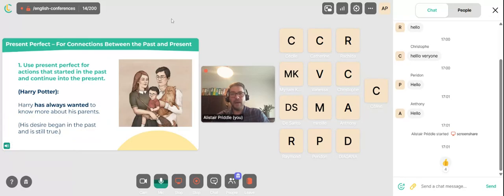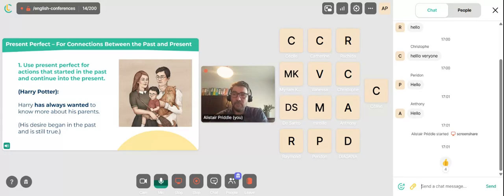Let's think now about the present perfect for connections between the past and the present. The first one here: use the present perfect for actions that started in the past and continue into the present.